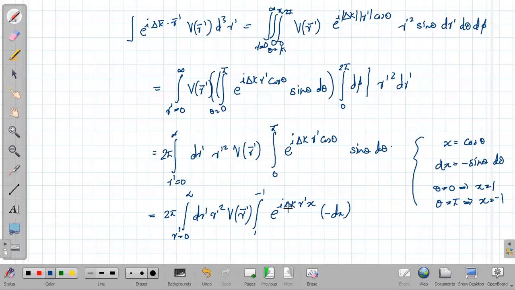So this integration would be same as e raised to I delta k r prime x upon I delta k r prime.